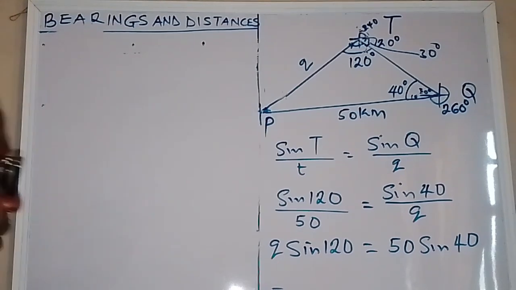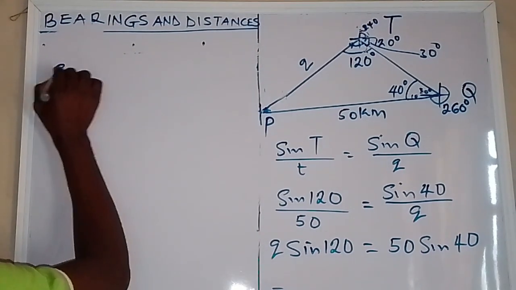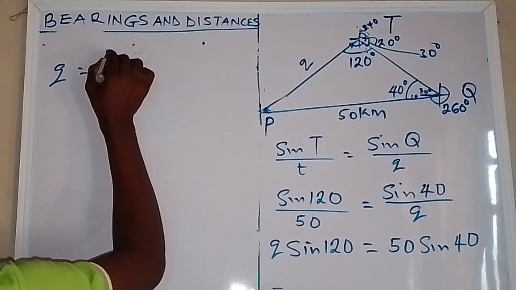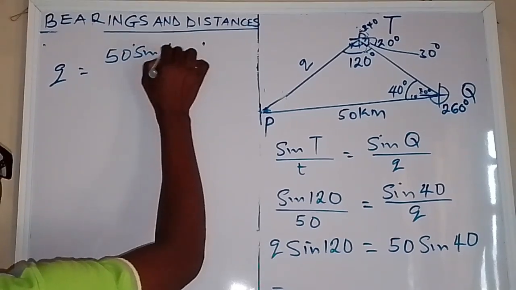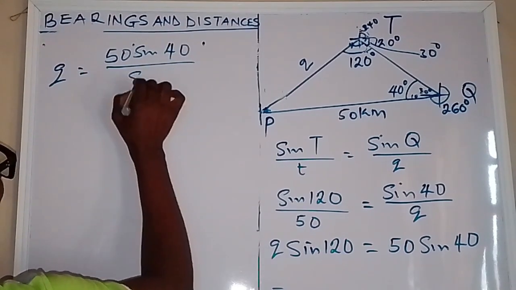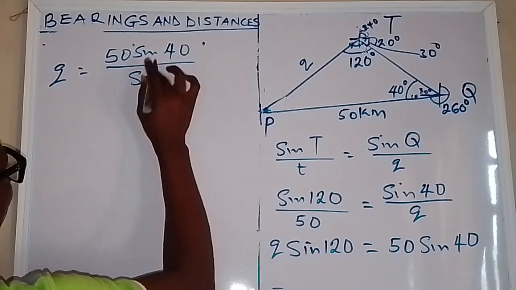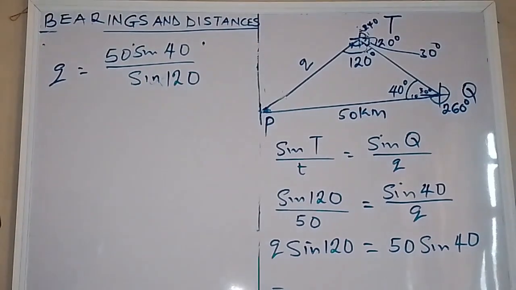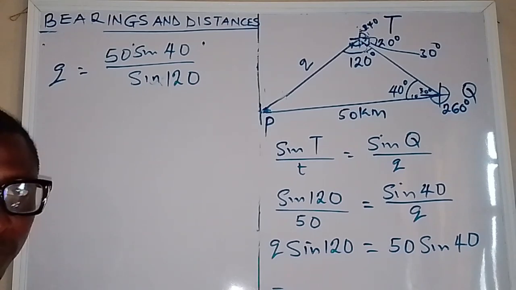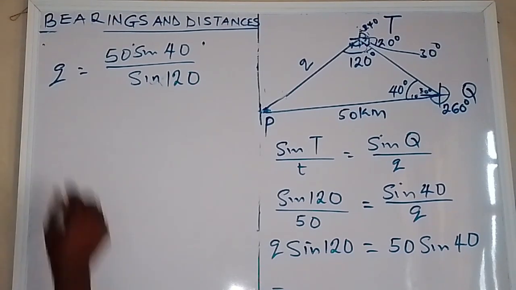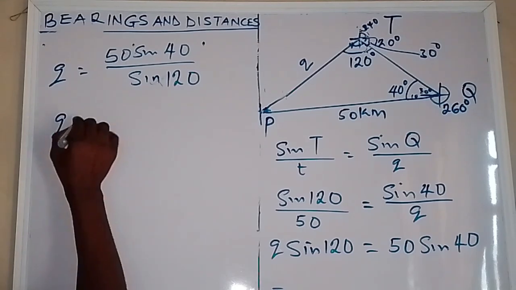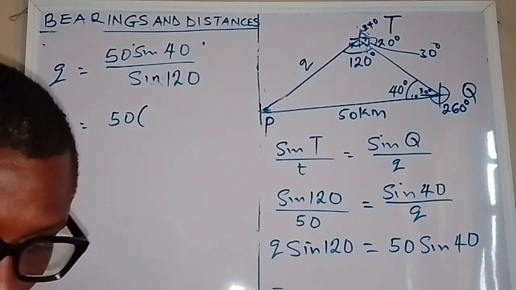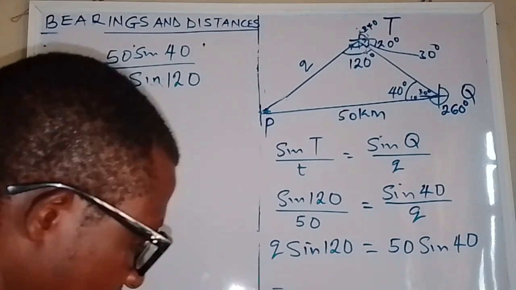So you now make q the subject of the formula. When you make q the subject of the formula, we have q equals 50 sine 40 degrees over sine 120 degrees, because we are dividing both sides by sine 120 degrees. That gives you 50 times sine 40. Now you can make use of your calculator to get sine 40.